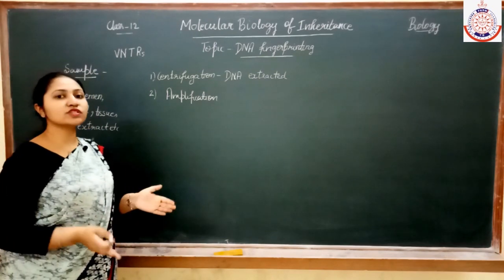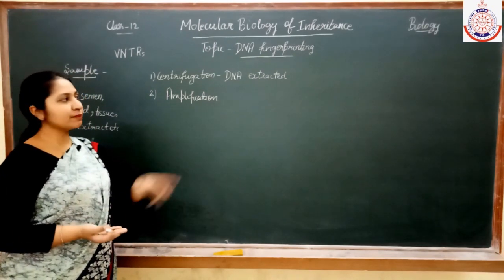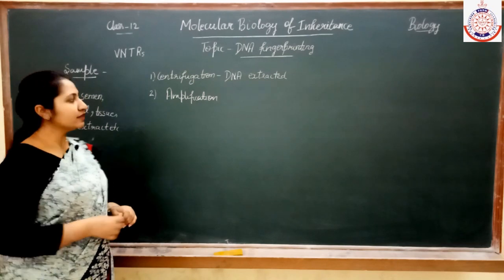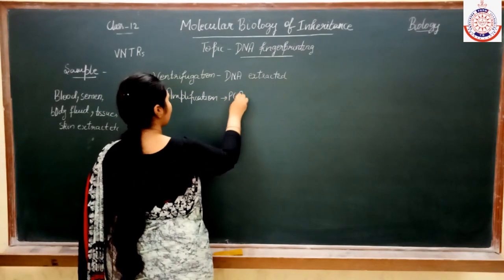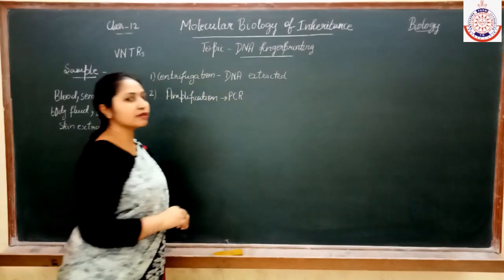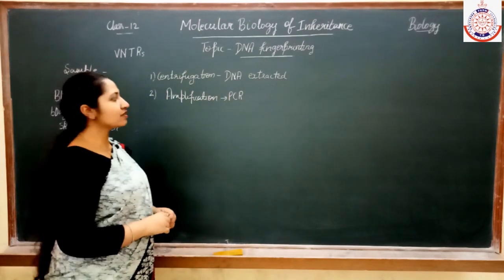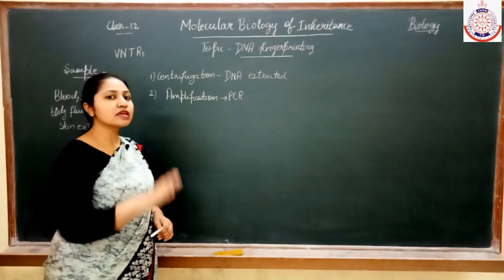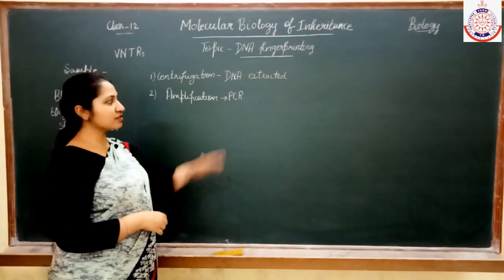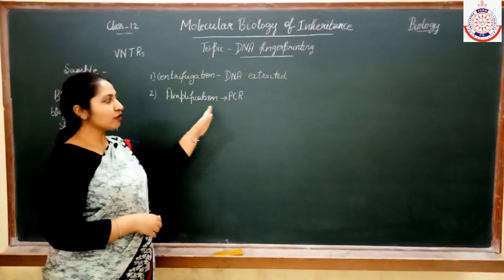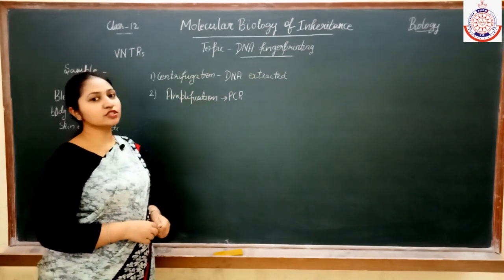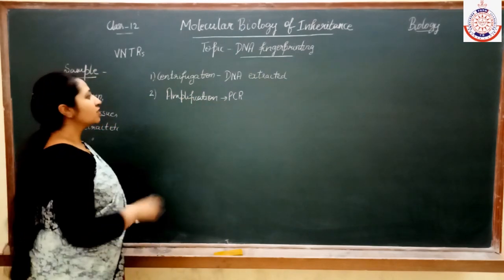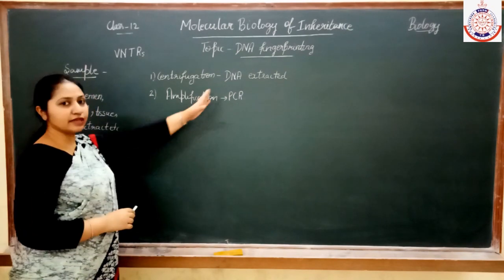Amplification means producing more copies of the same DNA, and it can be done by the PCR method. These days this is mainly done by PCR, that is polymerase chain reaction. In the biotechnology chapter we will discuss this process in detail. For now you should only know that PCR is a machine used for producing more copies of the DNA.